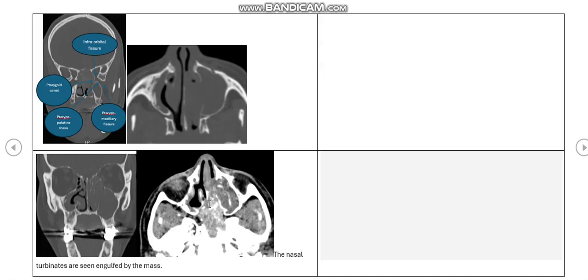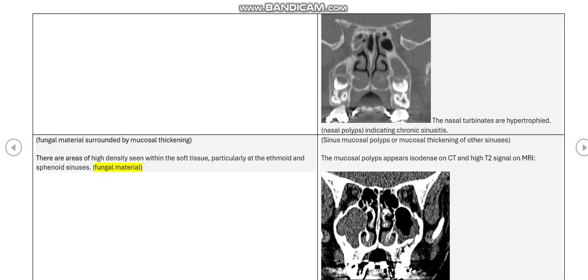Okay, can you see here the nasal turbinate? Here it is engulfed by the fungal material. However, here in sinonasal polyposis, the nasal turbinate will be hypertrophied, indicating nasal polyp.